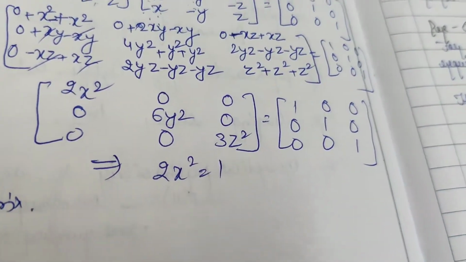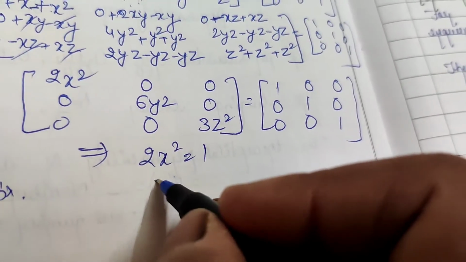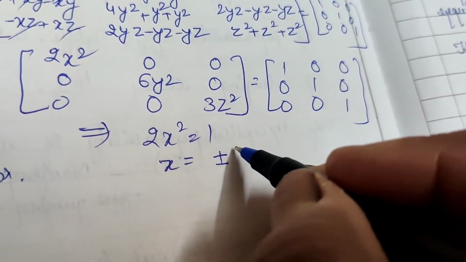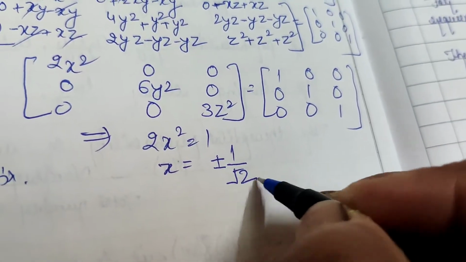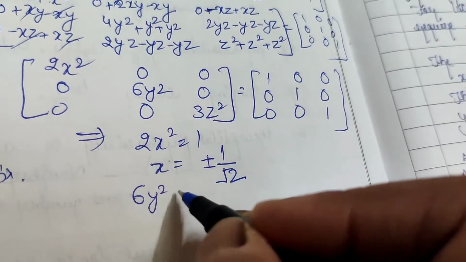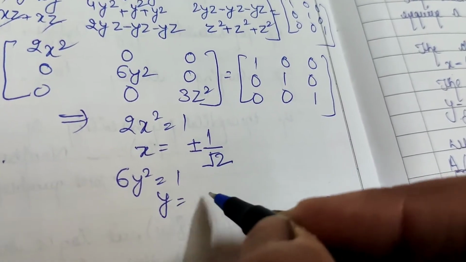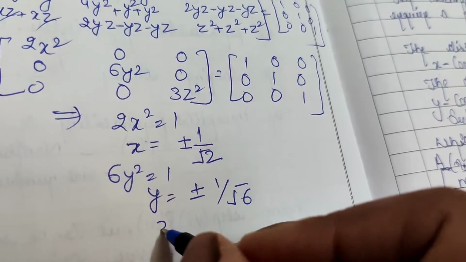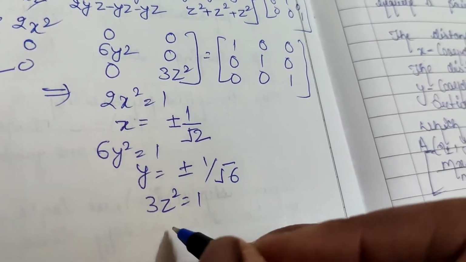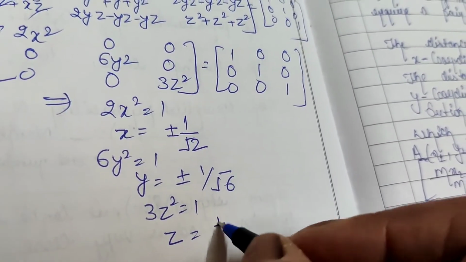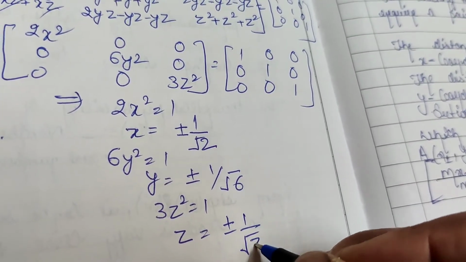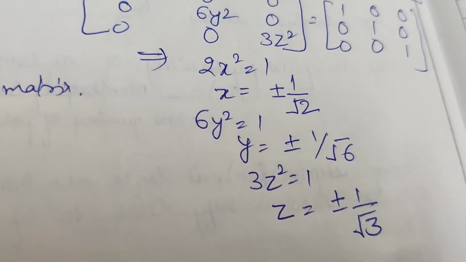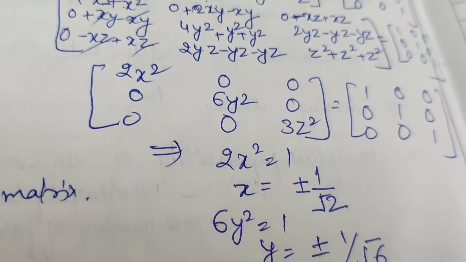It means x equal to plus minus 1 by root 2. 6y square equal to 1. Then y equal to plus minus 1 by root 6. And 3z square equal to 1. Then z equal to plus minus 1 by root 3. Okay. These are the values of x, y and z.